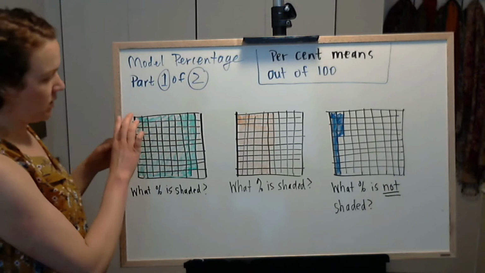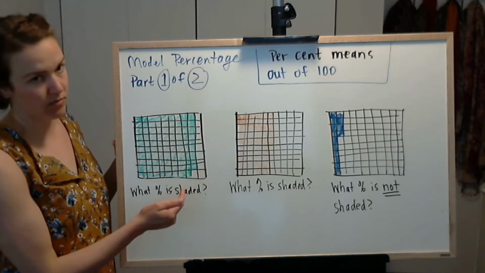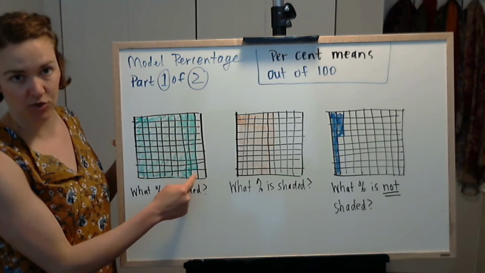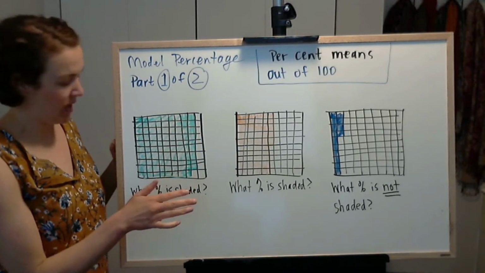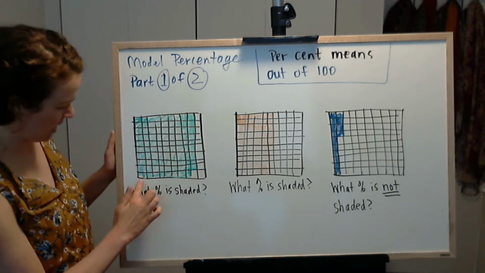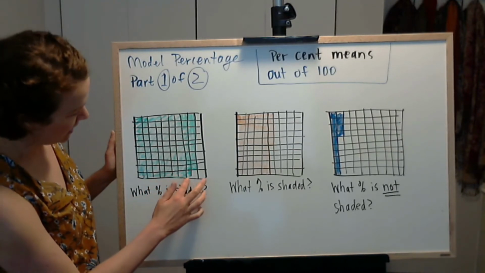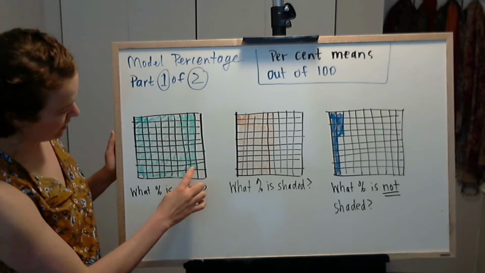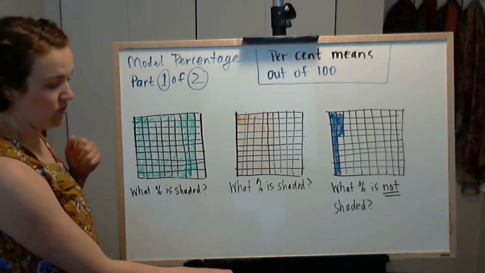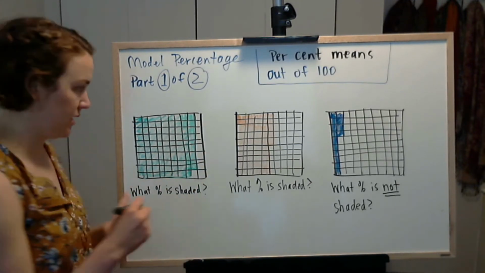You can either count the colored parts, or you can count the blank and subtract from 100. So let's just count the colored parts. We've got 10, 20, 30, 40, 50, 60, 70, 80, and then I can tell this is 9. So this percentage would be 89% is shaded.